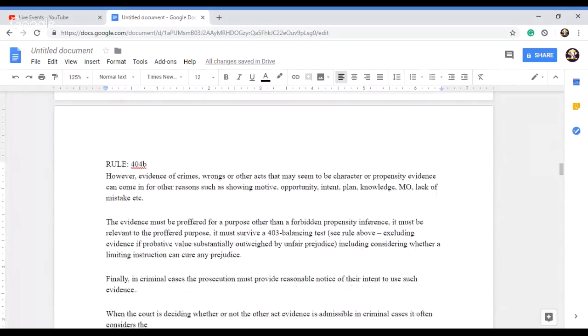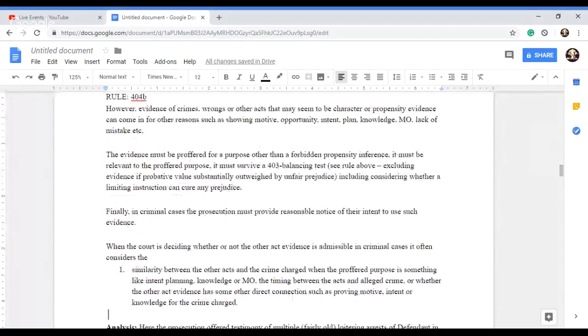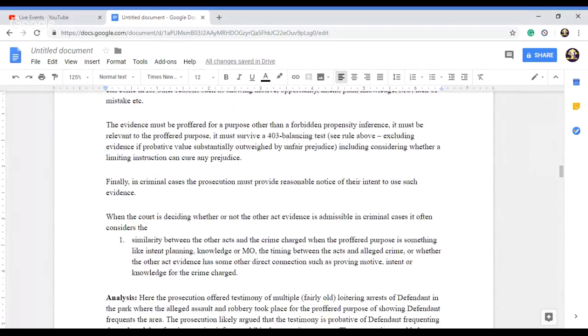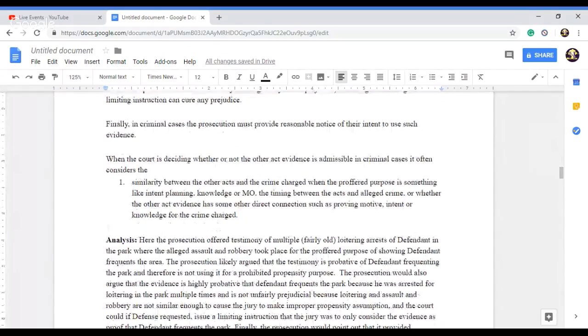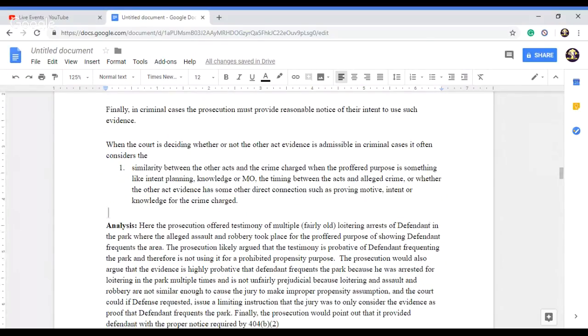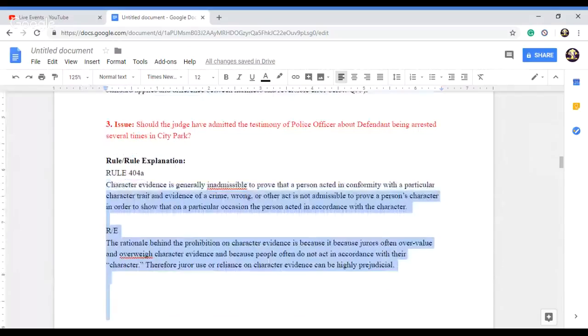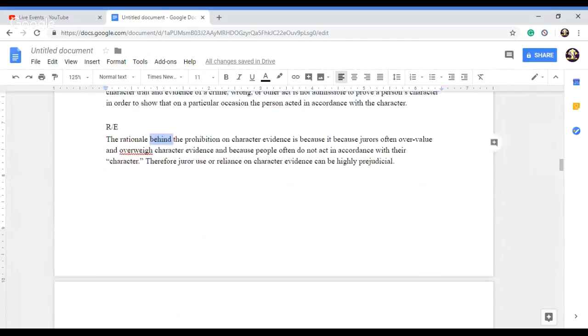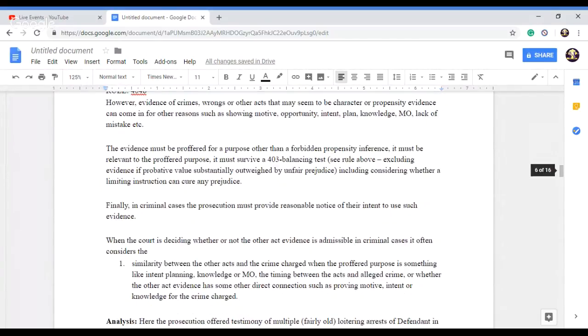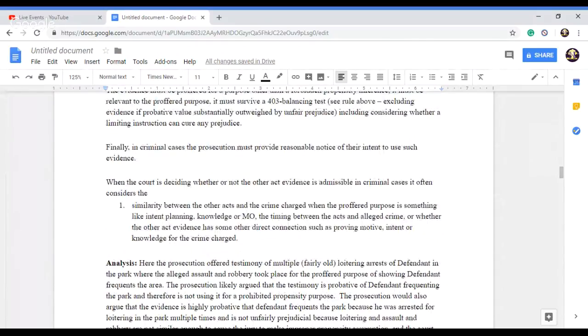Then we went to 404B, and we started with the rule, the exception for a criminal case, and then the other things we have to address when it's admissible in a criminal case. So all of these things have been encompassed here, and this happens to be a longer rule.